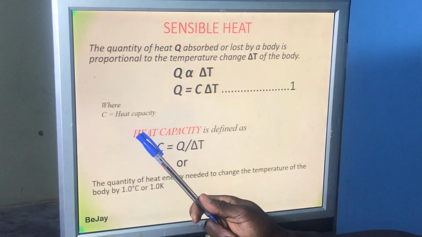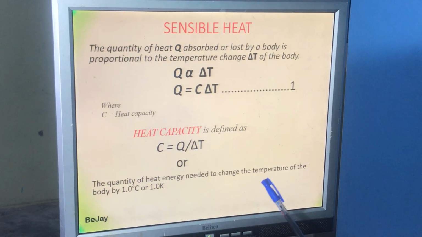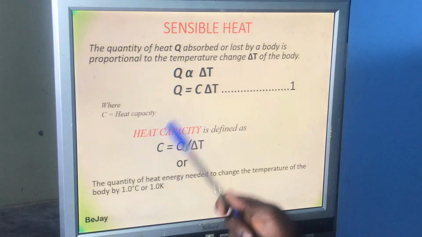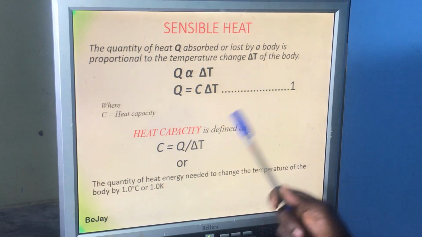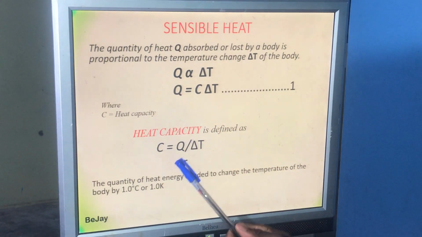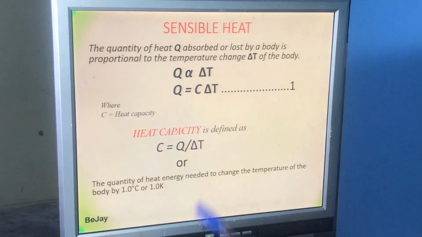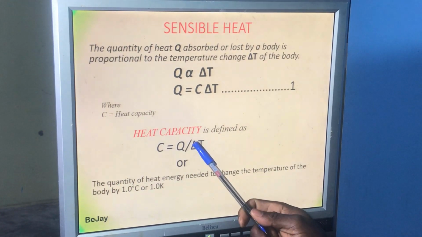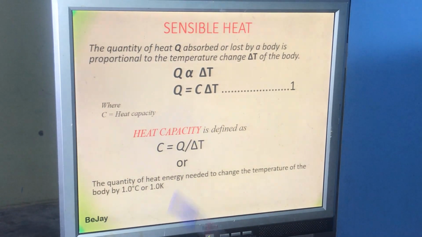You can define heat capacity in words like this. You can also define it using formula like this. Or use the formula C, or you make C the subject in this equation 1. C is equal to Q over delta T. Then you explain the terms where C is the heat capacity, Q is the quantity of heat absorbed or lost, or the quantity of heat contained in the body, then delta T is the change in temperature.